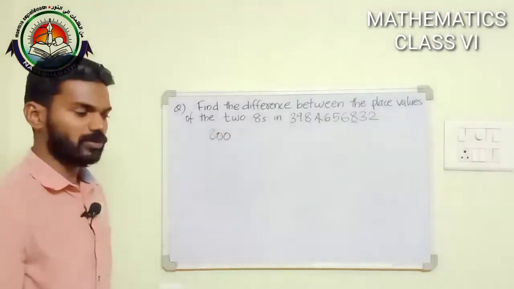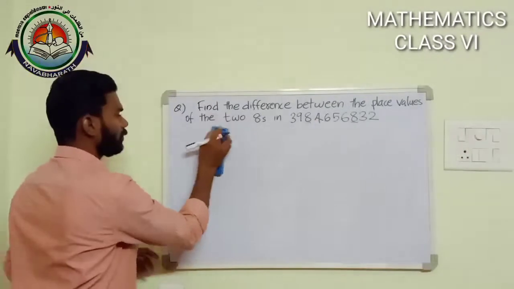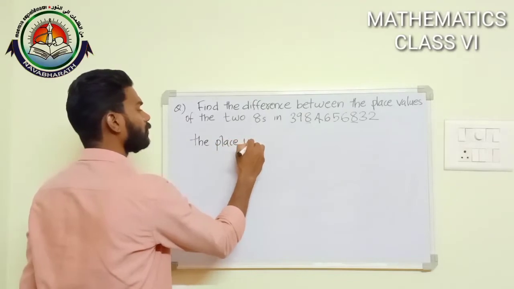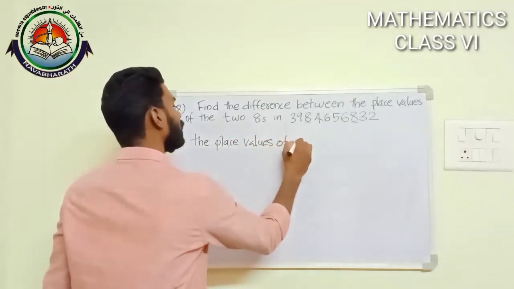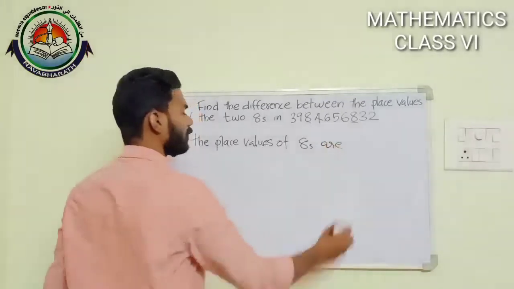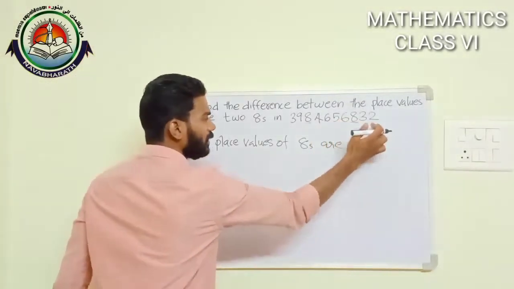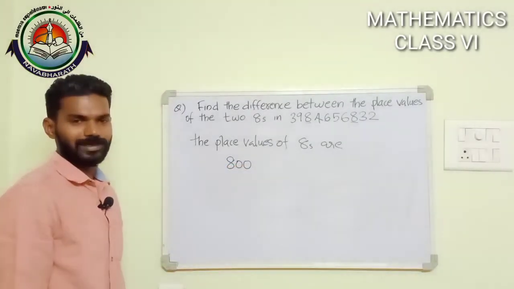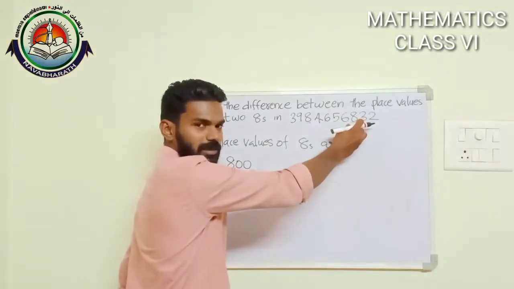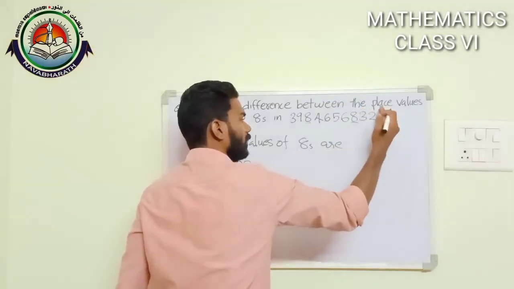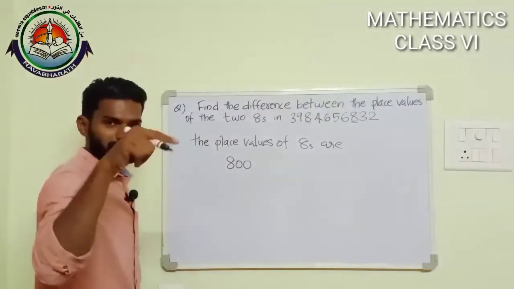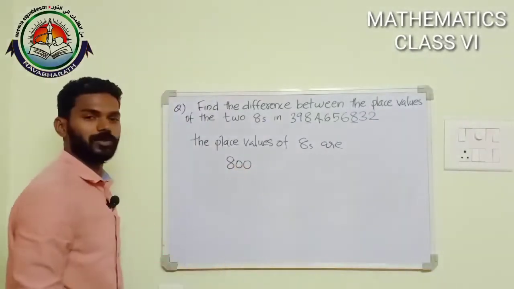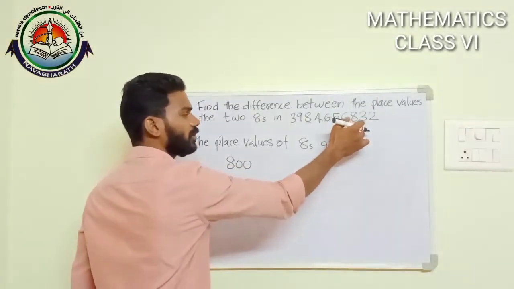The place value of the first 8 is 800. How can you write the place value? Consider the digit and replace all the remaining digits on the right with 0. So it would be 8 here, and thereafter 2 zeros, so 800 is the place value of this 8.